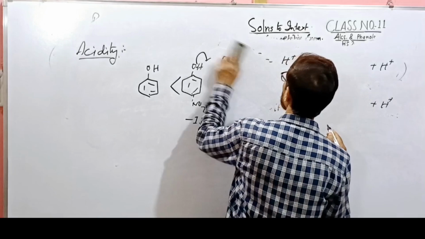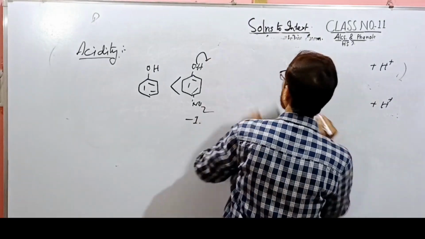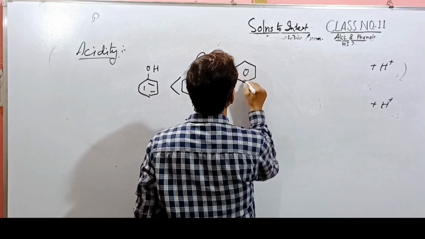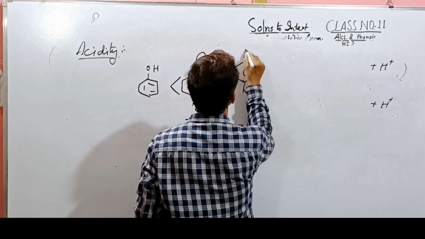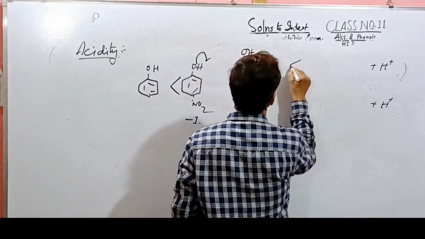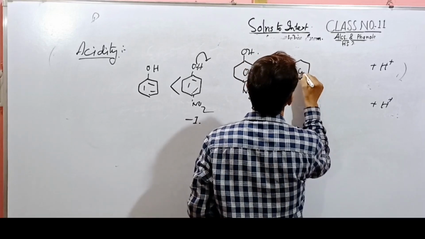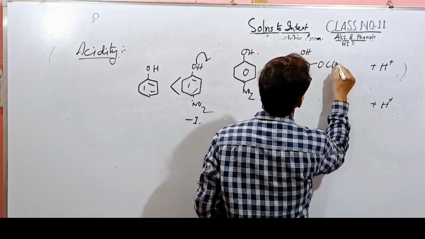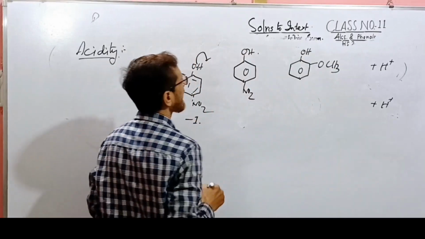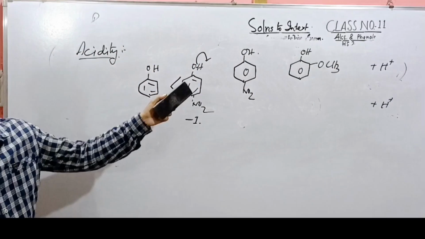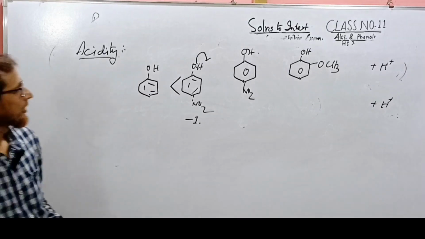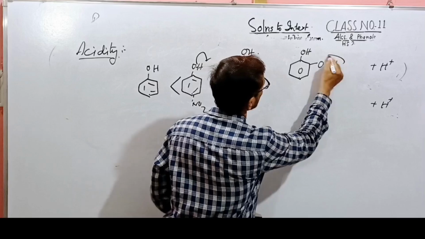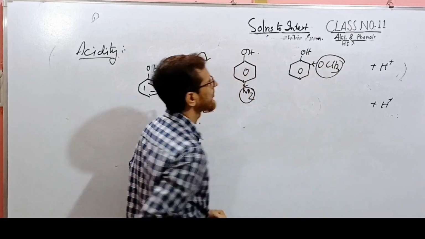Now if I take another example, and ask which one will be more acidic: one is an electron withdrawing group and this is an electron pumping group.